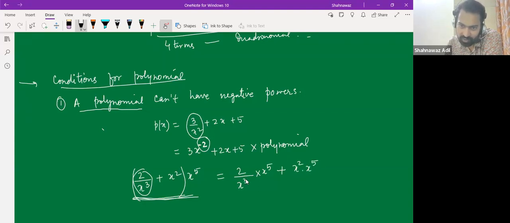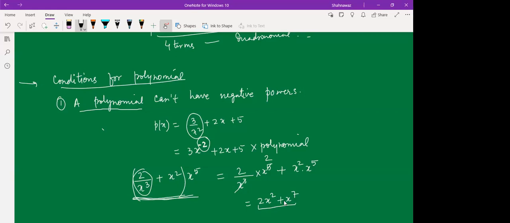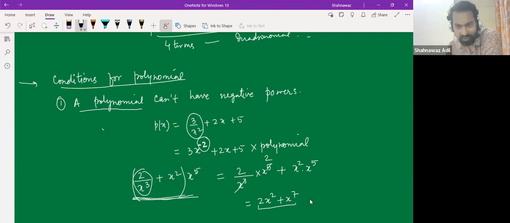So this 3 will cancel and this will become 2. So we have 2x squared plus x to the power 7. Now, what can we tell about these two terms? This doesn't contain a negative power. So now we can confidently say that this is a polynomial.